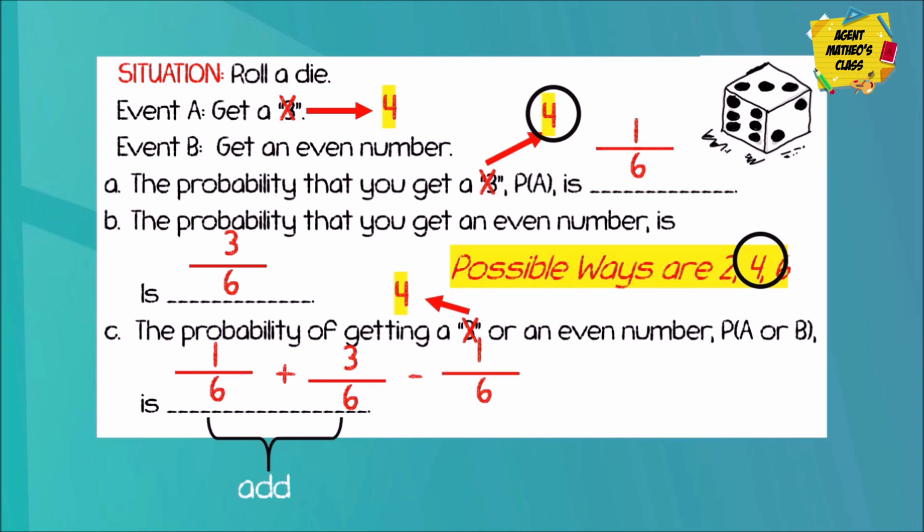Then we subtract 1 over 6, which belongs to both A and B, which is the 4 common to both. So therefore, 1 over 6 plus 3 over 6 minus 1 over 6 is equal to 3 over 6, which is simplified into 1 over 2.